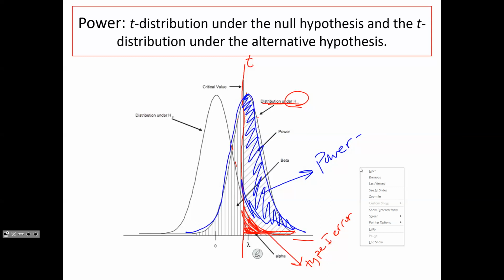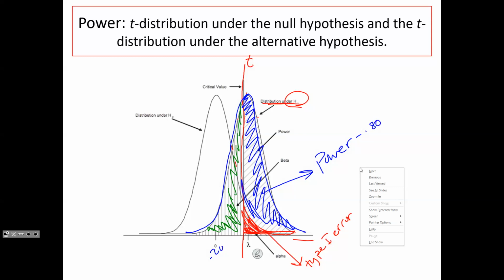And the type 2 error rate is this part, the proportion of the non-central T distribution that lies below the critical value. So in this case, we probably have something like 0.8, let's say. Does that make sense to everybody?